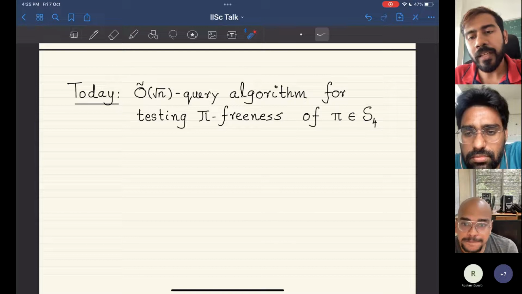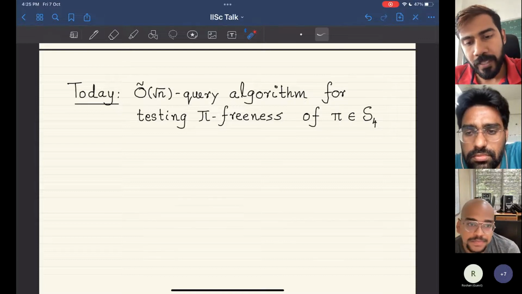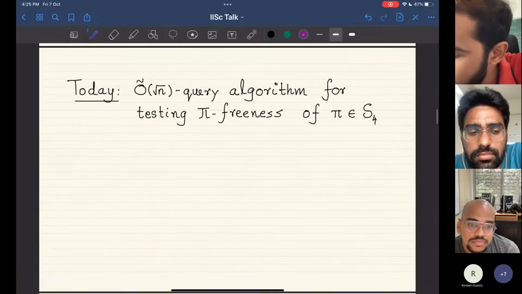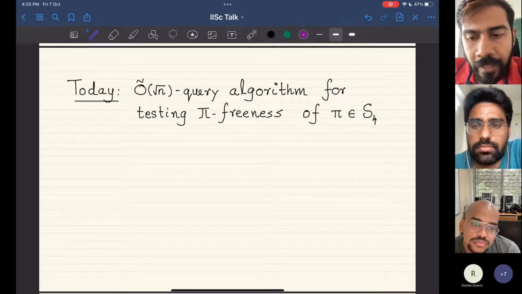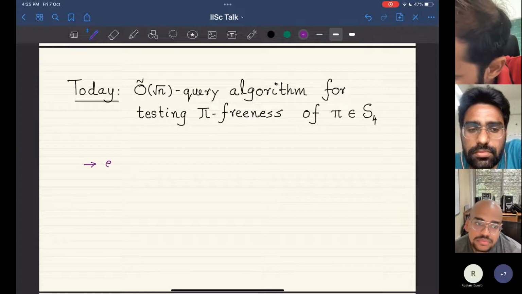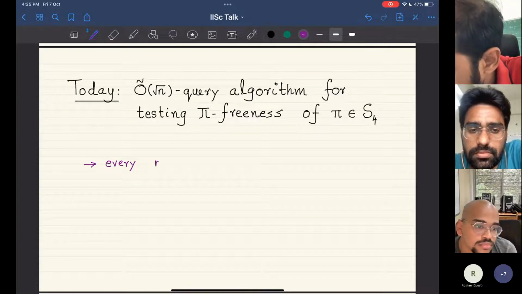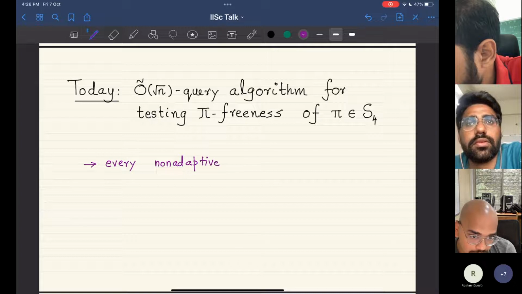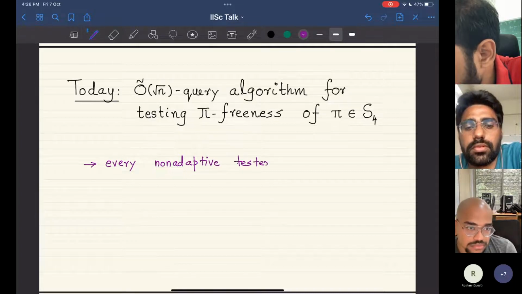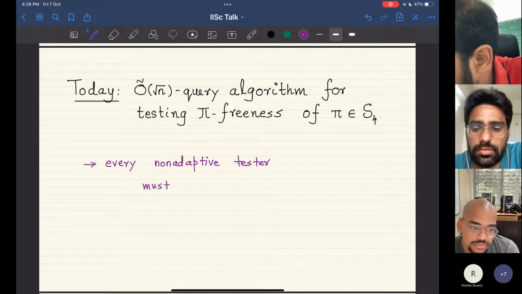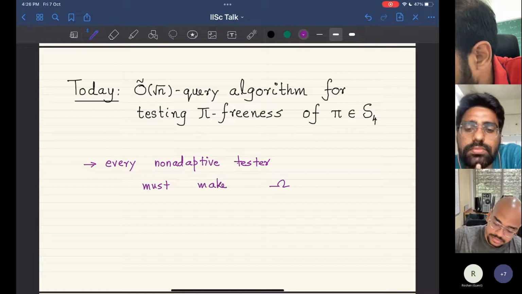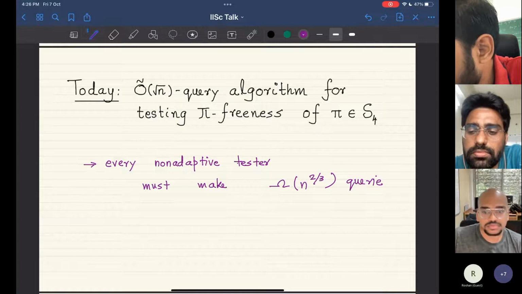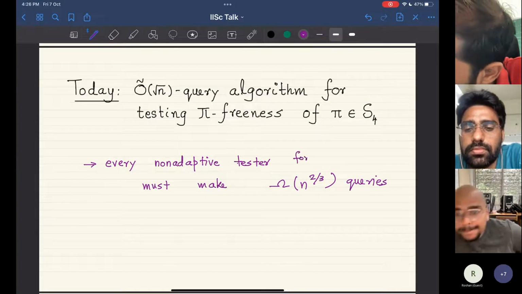And this is already an improvement over non-adaptive testing, because for length 4, every non-adaptive tester must make n to the 2/3 queries for the same problem.